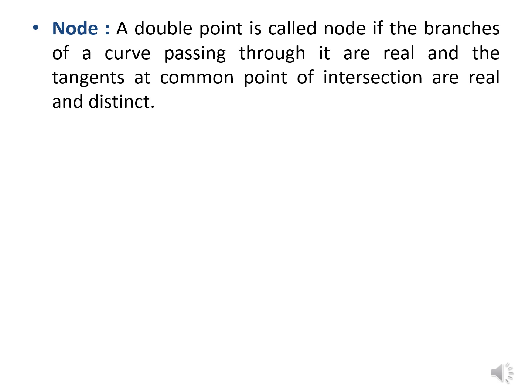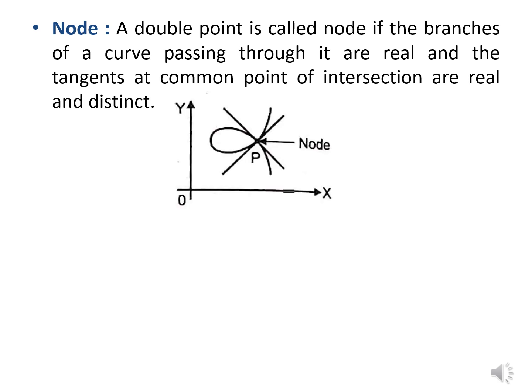If you are getting two tangents at a double point, and those two tangents are distinct and real, that means at the same point you are getting two distinct tangents. As you can see in the figure, P is denoted as node.